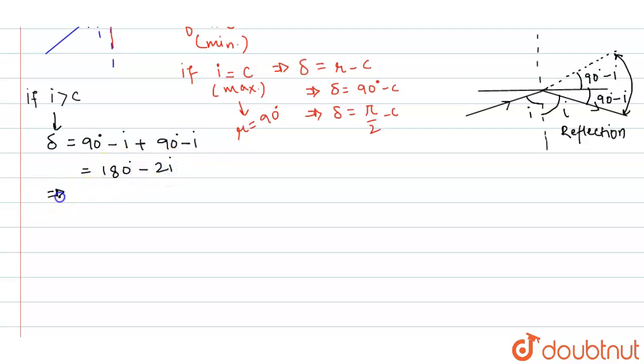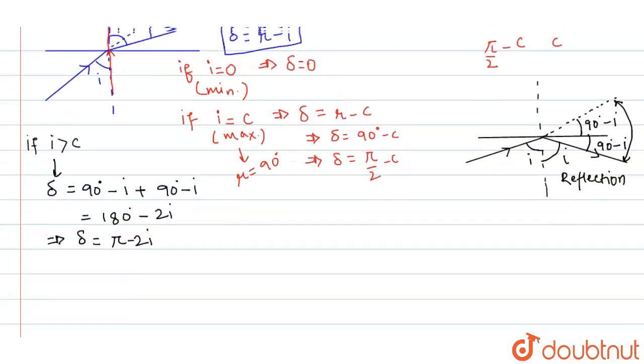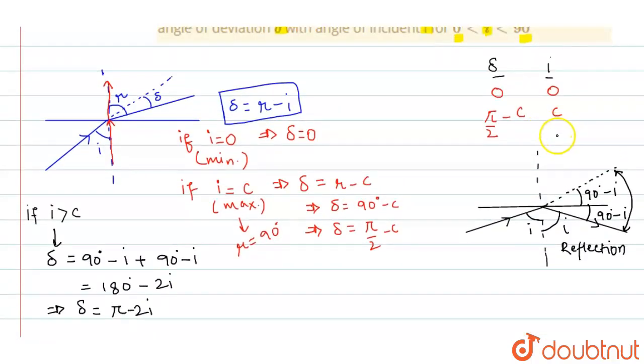Or we can write delta is equal to pi minus 2I, right? So here we write angle of incidence greater than critical angle, then this is pi minus 2 times the critical angle.